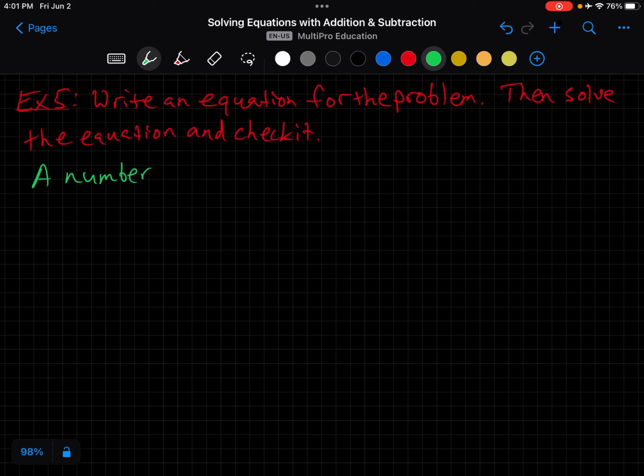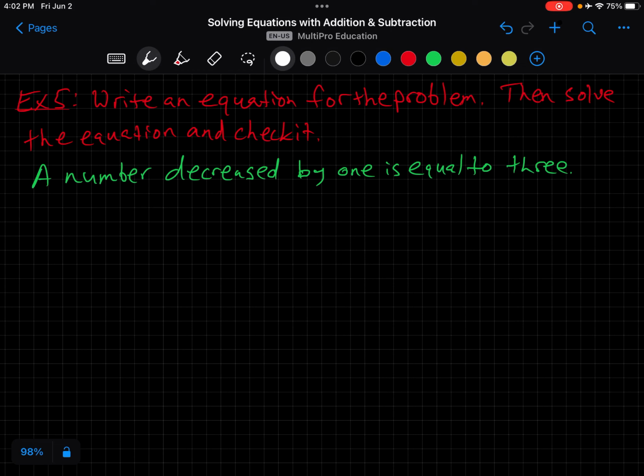We have a number decreased by 1 is equal to 3. All right, so that's the written sentence there. So let's put this in mathematical terms here.